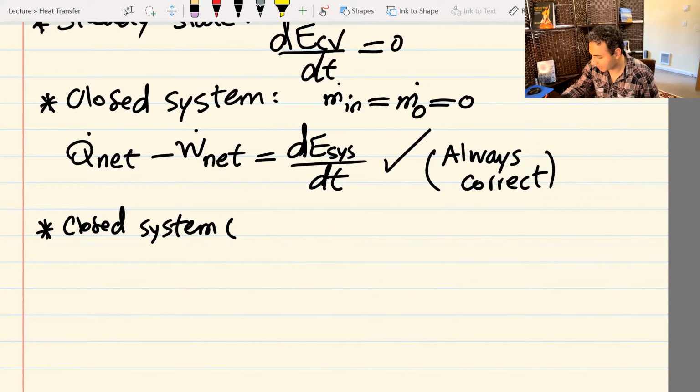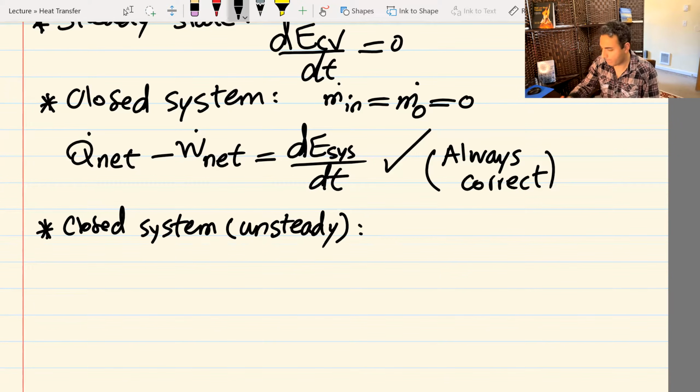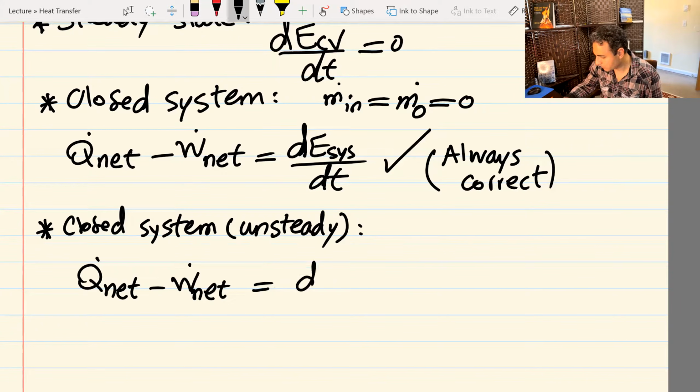I can take the integral. How do I do it? I'm going to show you. You see this equation? We say it's always correct, right? Okay. So I'm going to say Q dot net minus W dot net equals dE_system/dt.